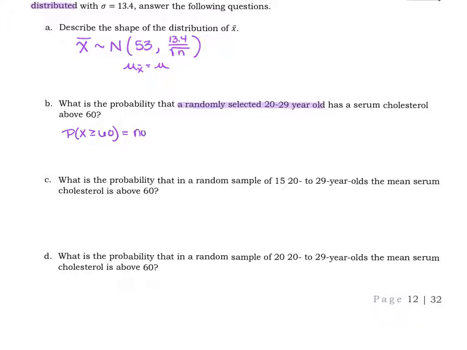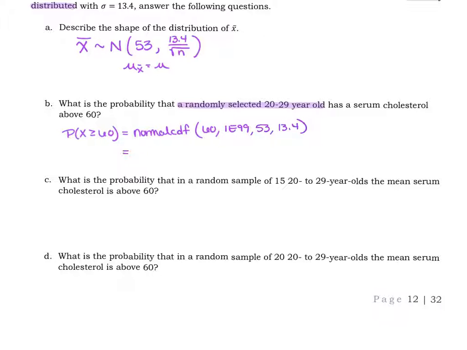So we're going to use our normal CDF function because we know it's a normal population. Our lower boundary there is 60, up to whatever. So again, no boundary, so 1E99 with a mean of 53 and a standard deviation of 13.4.